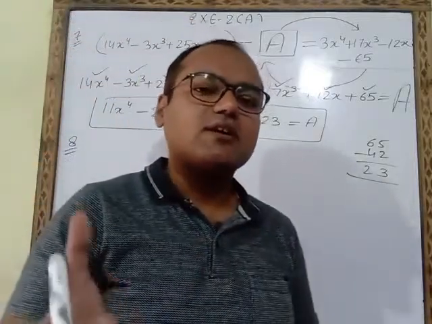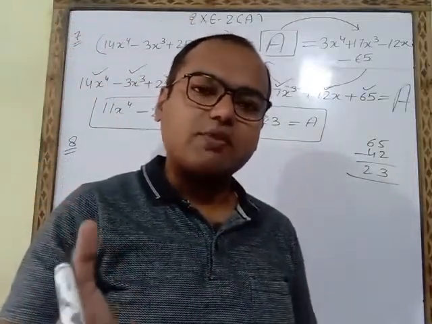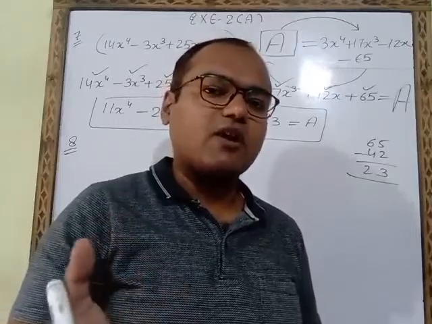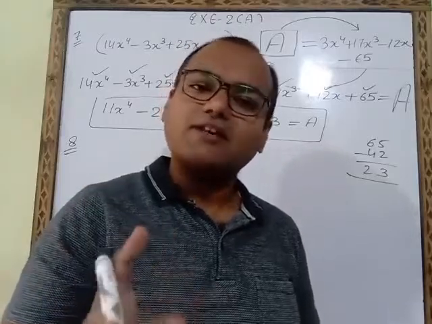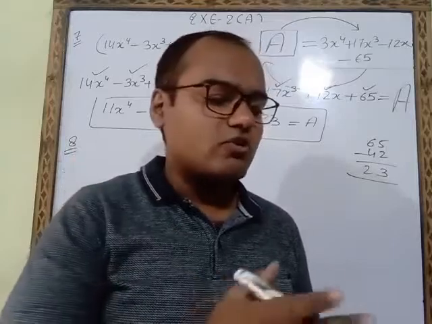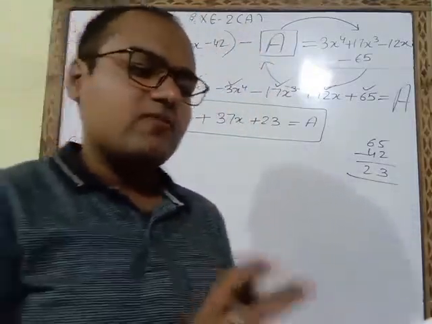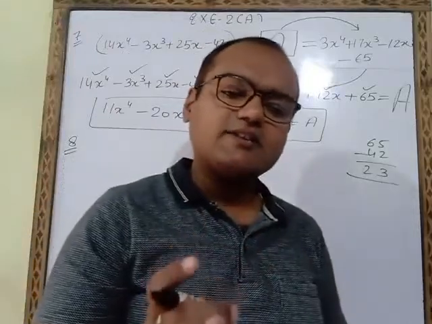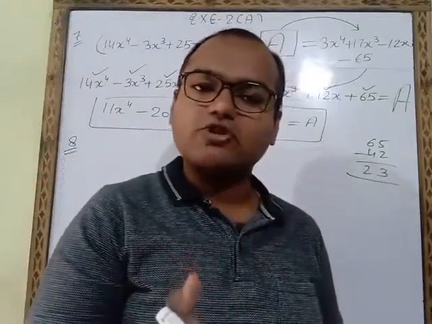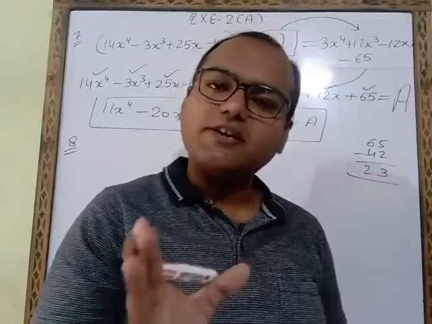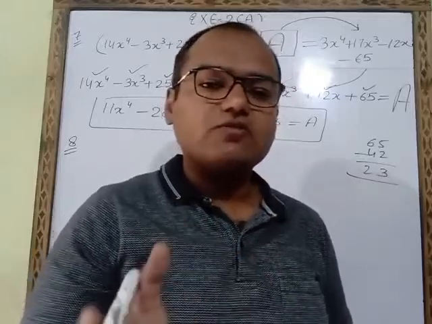Difference means minus. Subtraction you have to do, and how will you do subtraction? Greater number minus smaller number. So you have to identify which one is greater. It is already given in the question: 5x minus 8y plus 9z is smaller. But he is asking how much smaller it is, and that you have to find. So which one is greater?